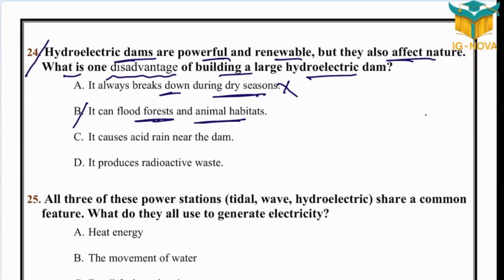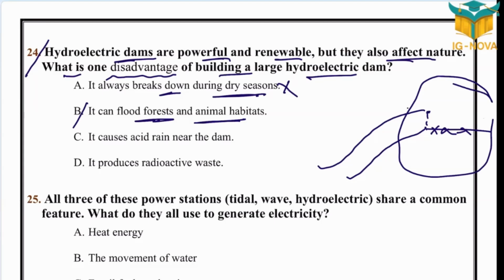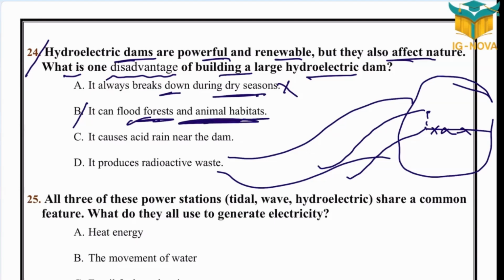Here, if you have a big reservoir and any natural disaster happens and this reservoir breaks down or cracks, a huge amount of water will flood and damage forests and animal habitats. Yeah, so it's good.